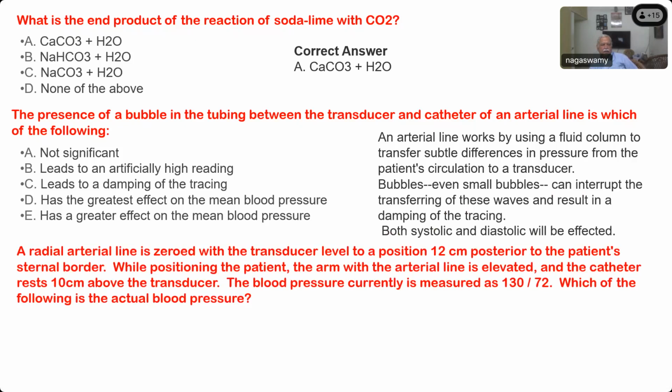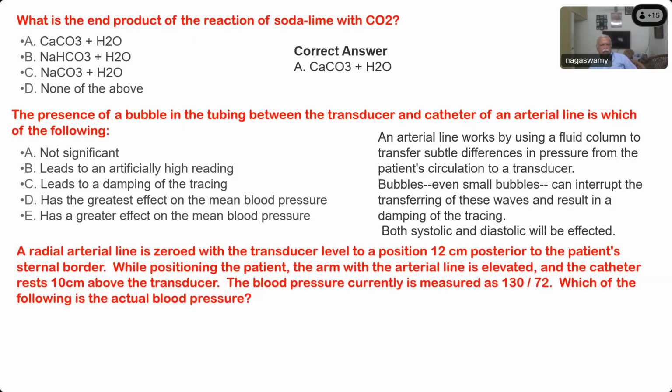A radial artery line is zeroed to the transducer level at a position 12 centimeter posterior to the patient's sternal border. While positioning the patient, the arm with the arterial line is elevated and the catheter rests 10 centimeter above the transducer. The blood pressure currently is showing 130 by 72.